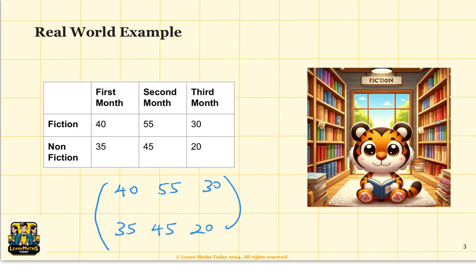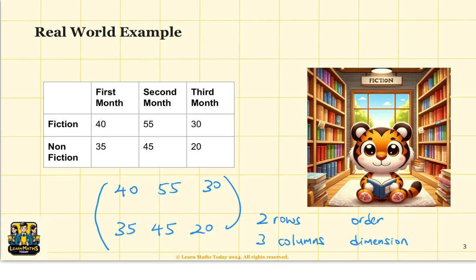Now, how many rows does this matrix have? And how many columns does this matrix have? This matrix has 2 rows and 3 columns, which is also known as the order or the dimension of the matrix.